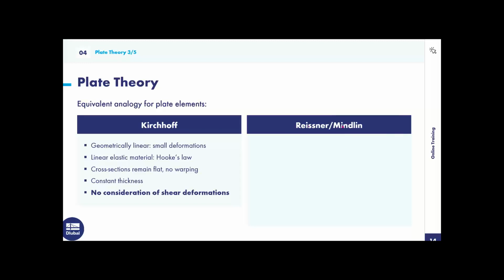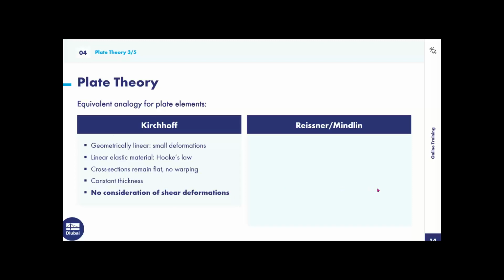And we can basically make these assumptions for the Kirchhoff theory. So we assume that it is a geometrically linear calculation for small deformations, and we'll be using a linear elastic material, basically Hooke's law. We assume that the cross sections remain flat with no warping, they have a constant thickness, and there is no consideration of shear deformations when it comes to the Kirchhoff theory.